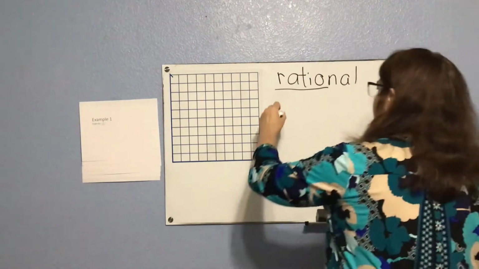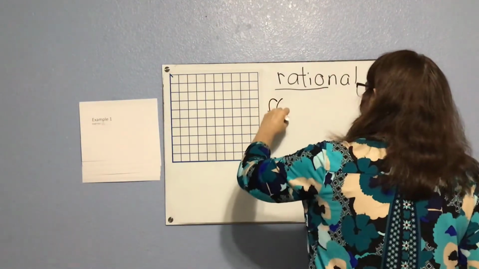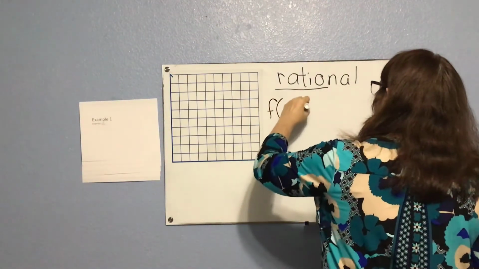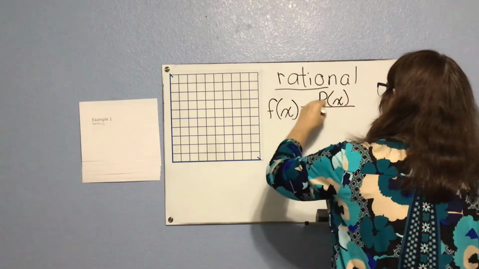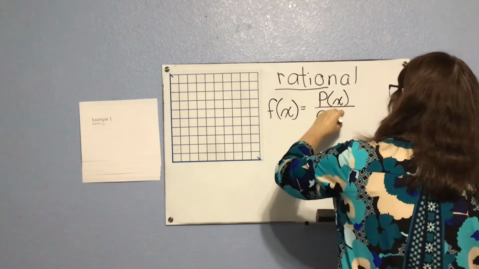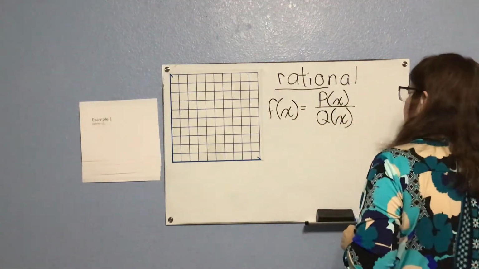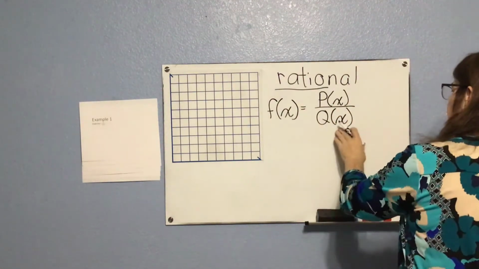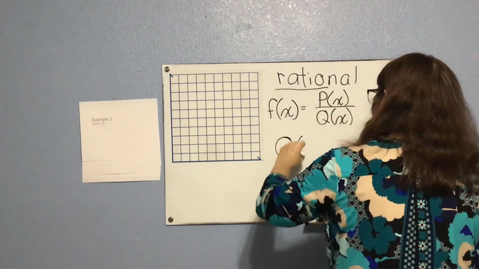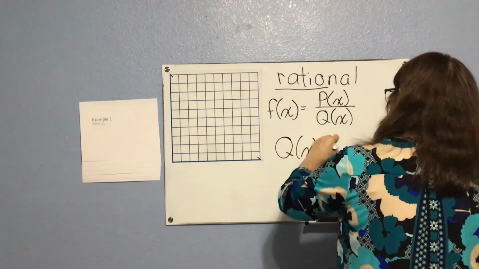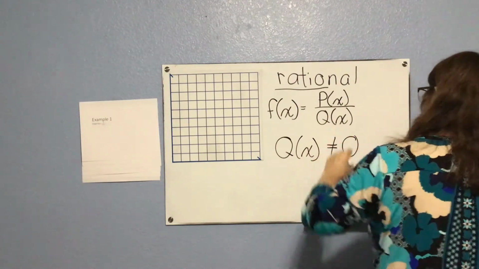So we could say f of x is equal to p of x over q of x. But since q of x is in the denominator, we have to stipulate that q of x cannot equal 0.